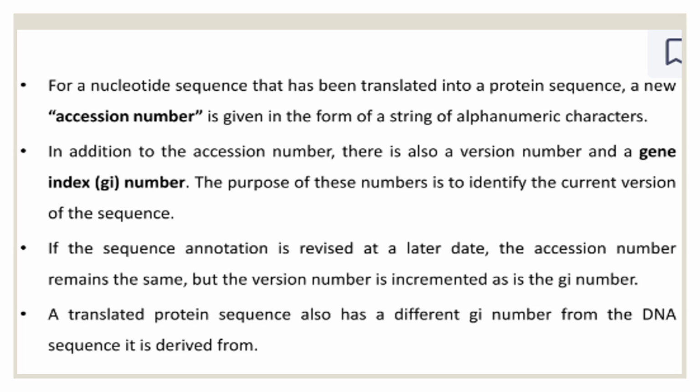The purpose of these numbers is to identify the current version of the sequence. If the sequence annotation is revised at a later date, the accession number remains the same, but the version number is incremented, as is the GI number. A translated protein sequence also has a different GI number from the DNA sequence it is derived from.